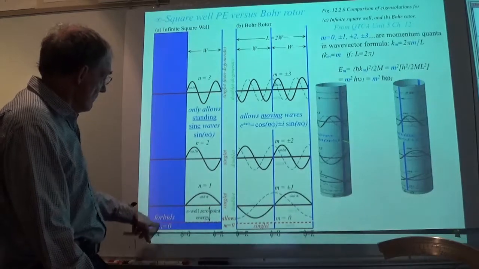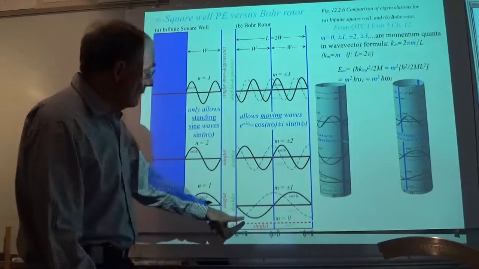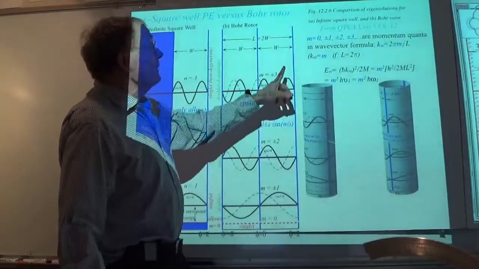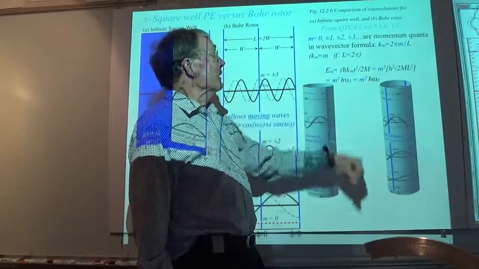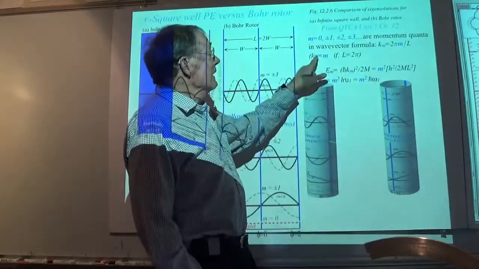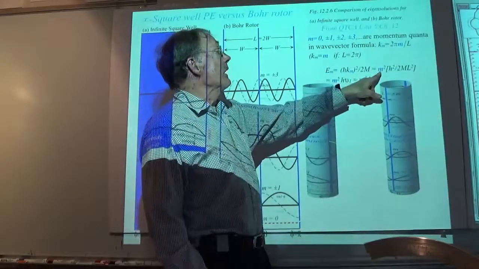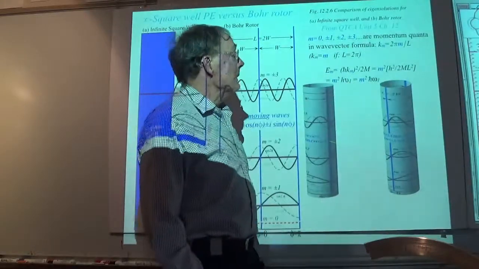So this one forbids m equals 0. This one allows 1. And if we're going to do the p squared over 2m with p equal to h bar k, k being an m, we're going to get an m squared right there.